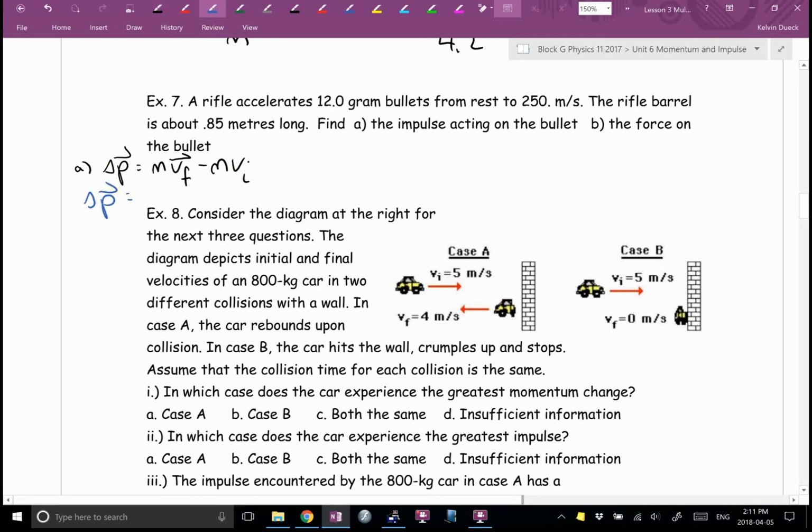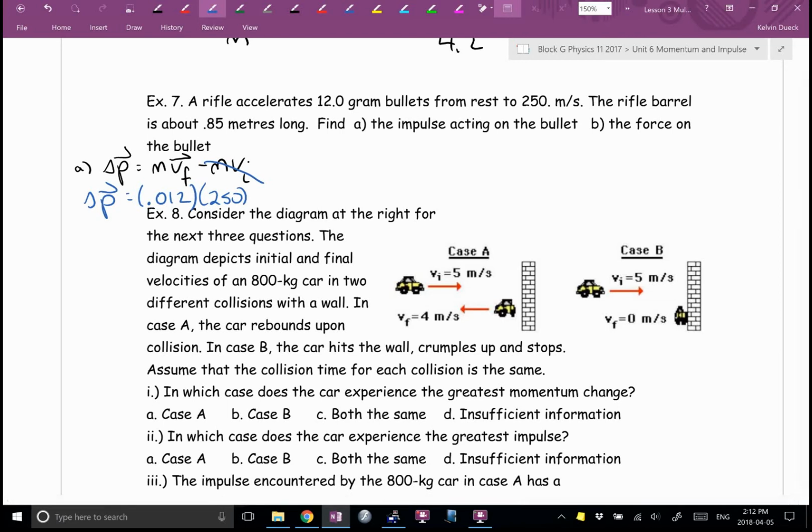What's m? 12 grams. How many kilograms is 12 grams? Okay, so it's not 0.12, it's 0.012. And V final is 250. Oh, Chantal, I could have canceled out m V initial because you said from rest.